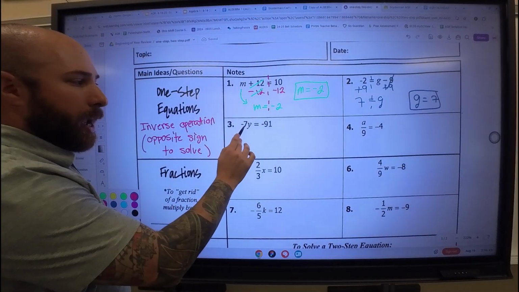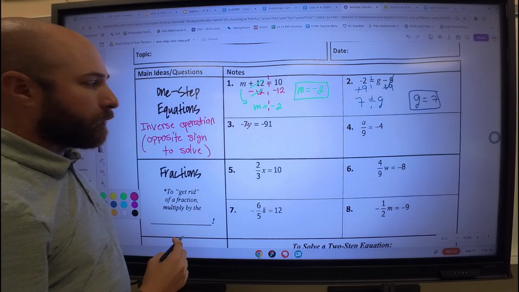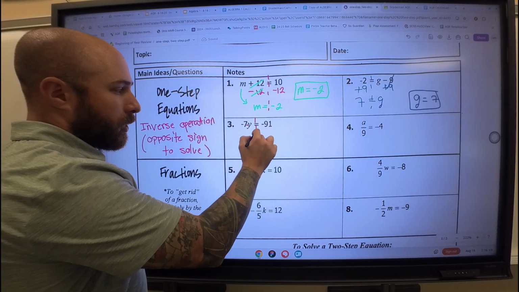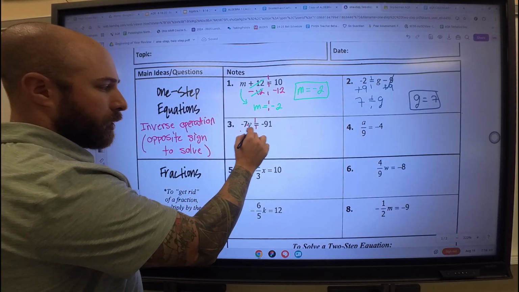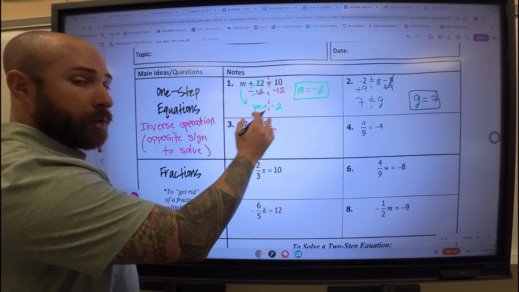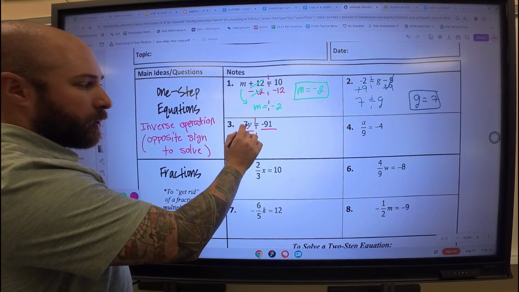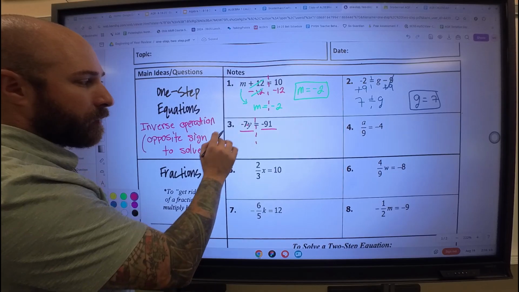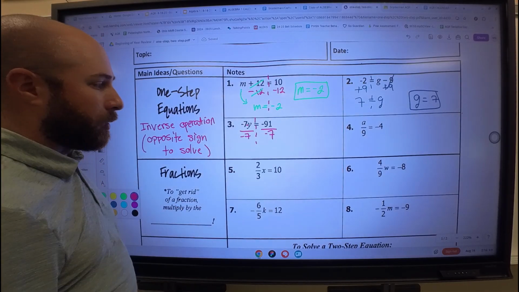With number 3, we have multiplication here on the left-hand side with that negative 7 and that y. So the opposite of multiplication is going to be division, and I'm going to divide both sides by the entire number that's being multiplied here, right? So the negative 7 is what we're multiplying, so the negative 7 is what we have to divide by.